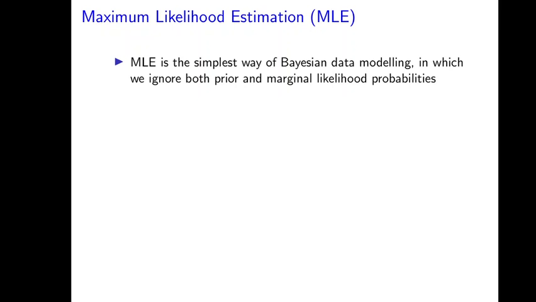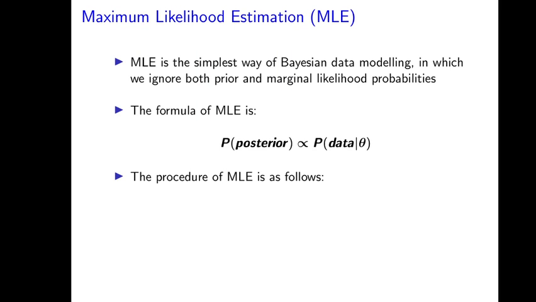As I mentioned, this is the frequentist approach, and it is a special case of Bayesian data modeling in which we ignore both the prior and the marginal likelihood probabilities. The formula of MLE is simply that the posterior probability is proportional to the probability of data given theta, which is the set of coefficients that you are looking to find.